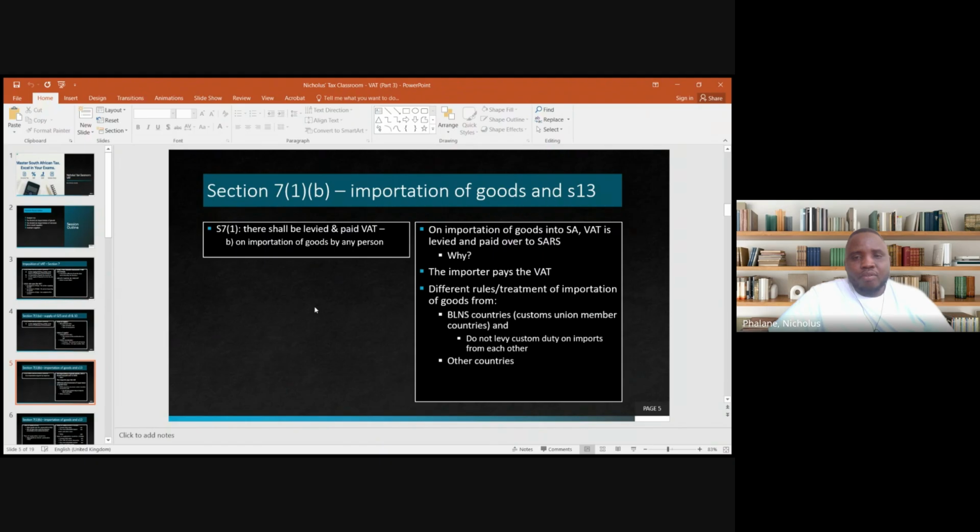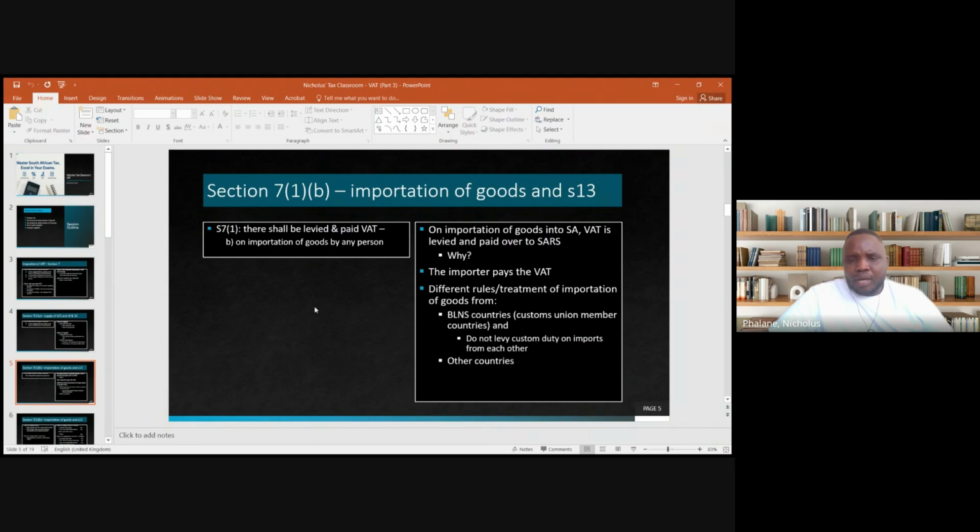This one is for people who are at levels other than introduction level. So when you're looking at importation of goods, remember we say they shall be levied and paid VAT on the importation of goods, in terms of section 7.1b. But where are the rules for the time and value of supply for importation of goods? You need to go to section 13, like I said, right?